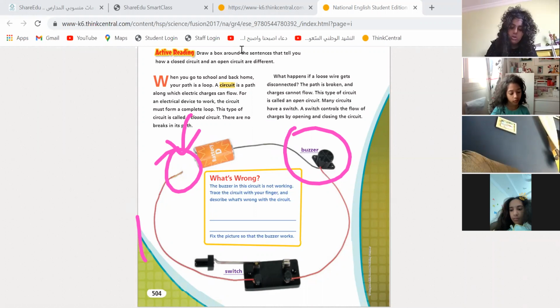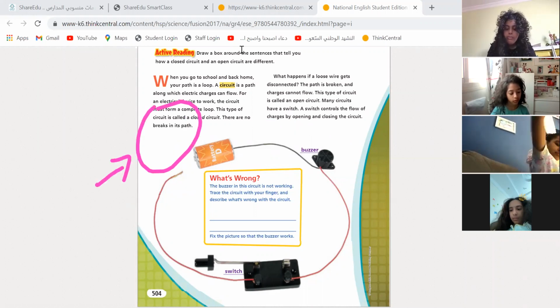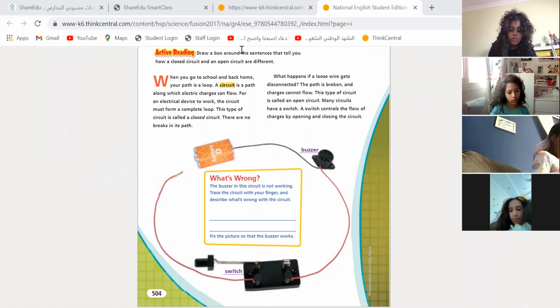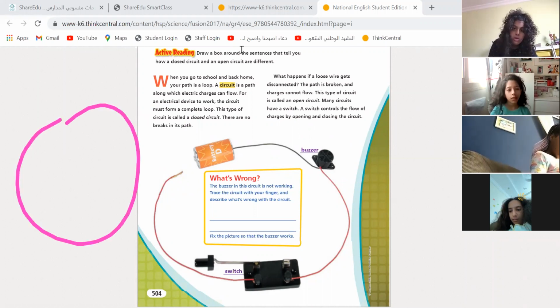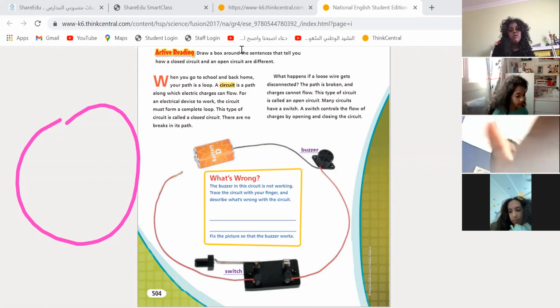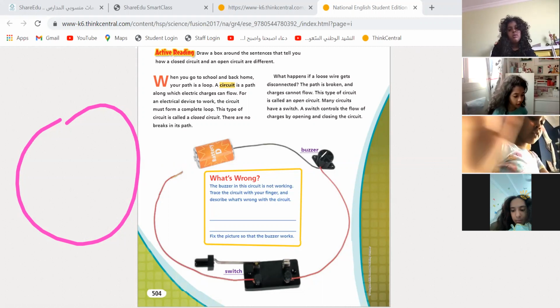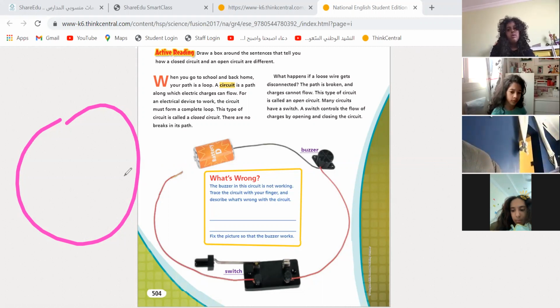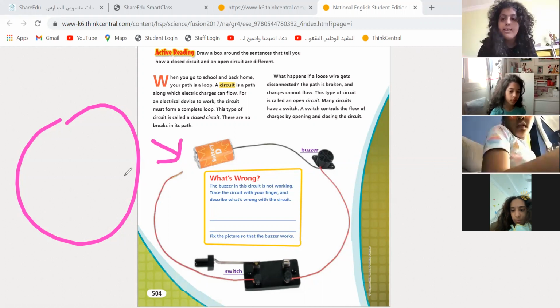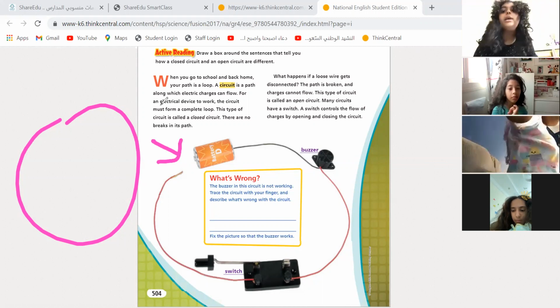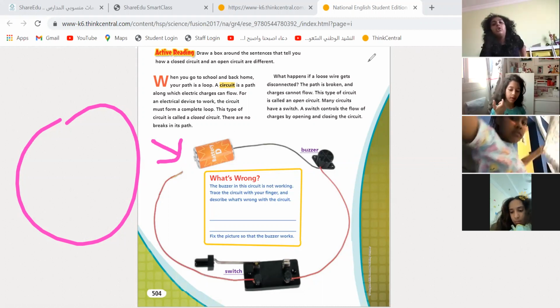The buzzer is what makes a buzz sound. If I want it to work, will it work this way? No. Why? Because the wire is not attached to the battery.